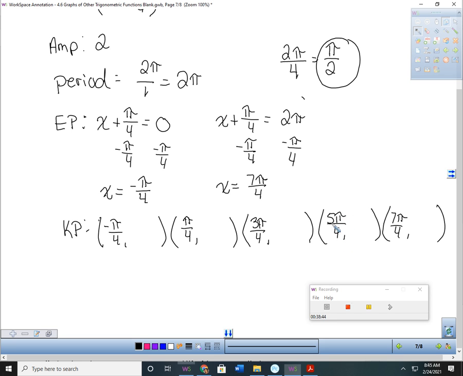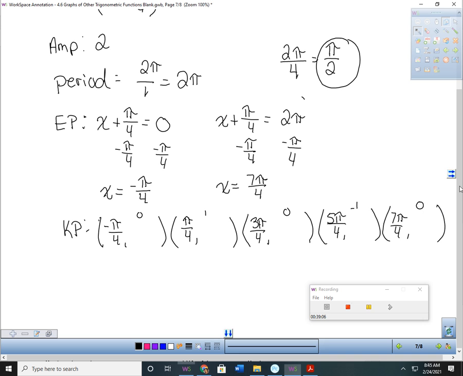And then if I add another pi over 2, that gives me 7 pi over 4. Now remember, sine normally starts at 0, goes up to 1, back down to 0, then to negative 1, and then down to 0.